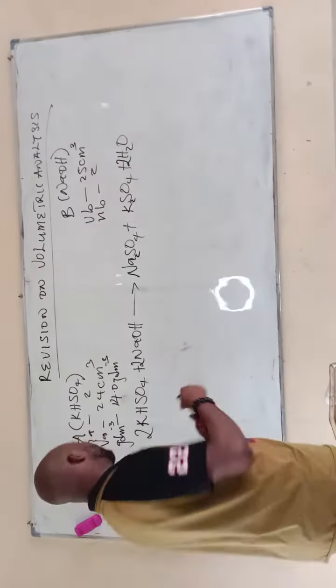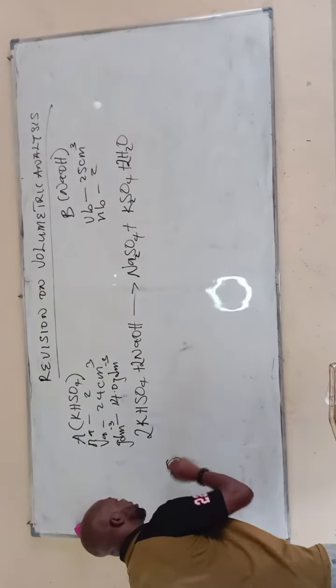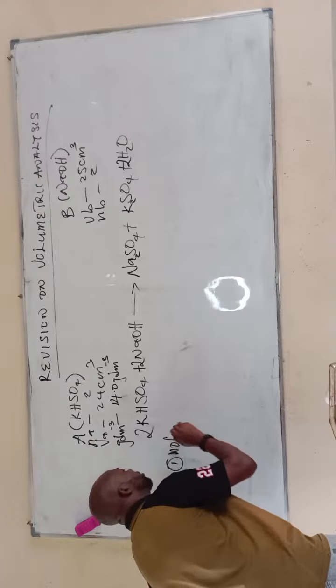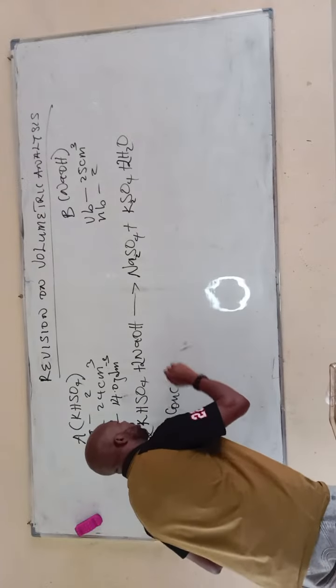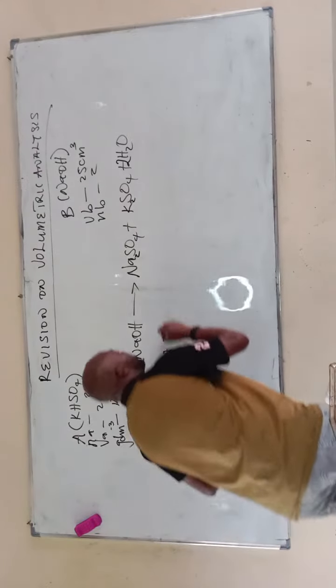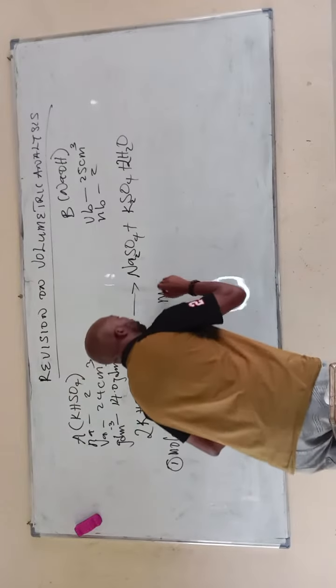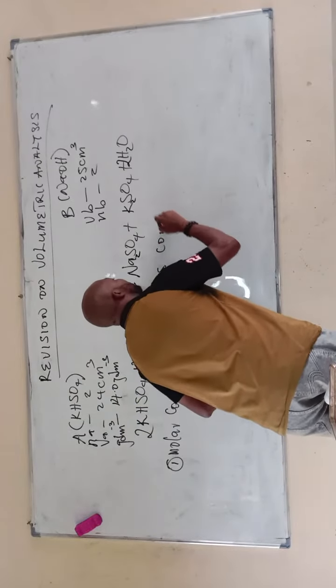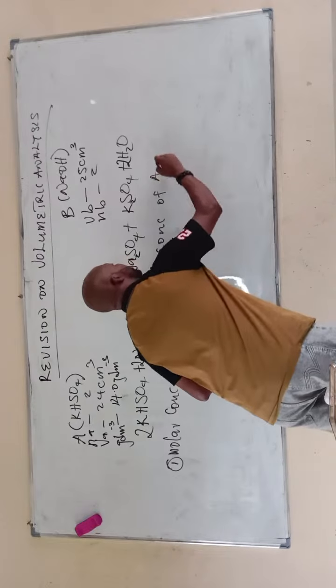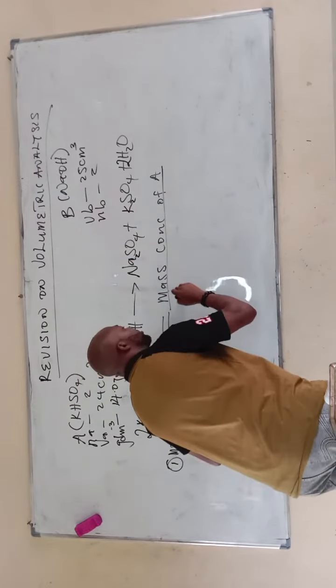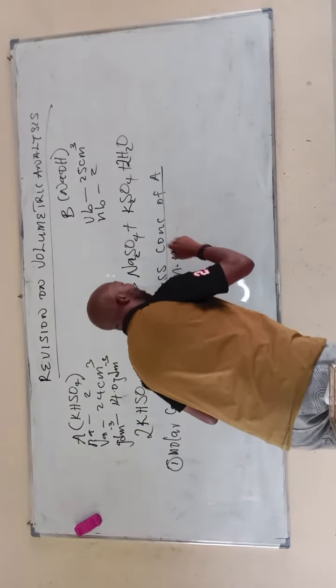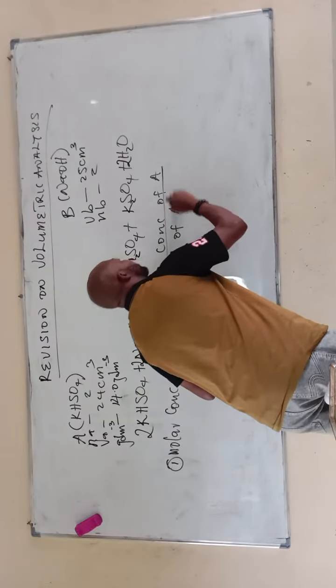I can leave it, no problem. So here, molar concentration of A becomes mass concentration of A over relative molecular mass of A.